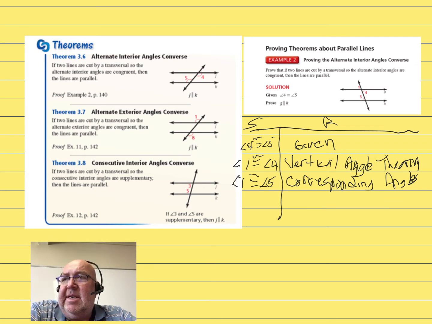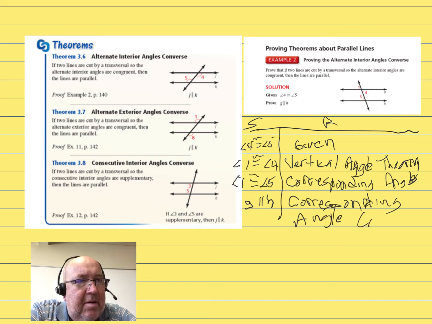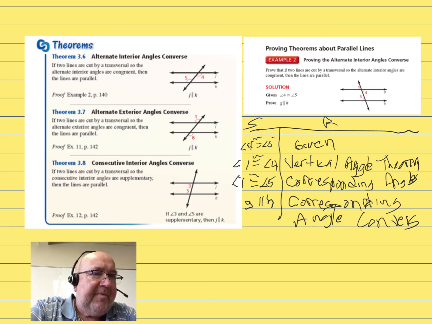And because of that, we do know that G is parallel to H, and that is the corresponding angles converse. So we had to prove that 1 and 5 were congruent to get that converse.